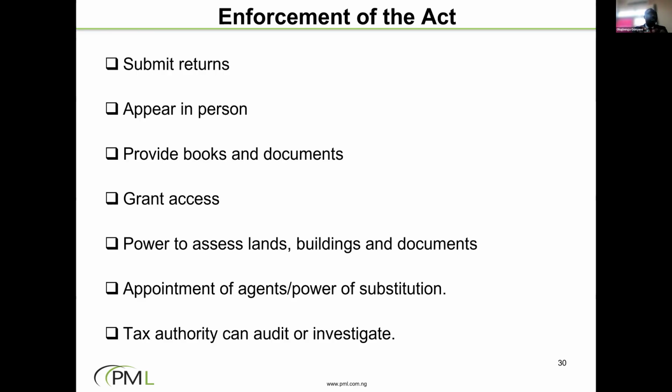At least the tax authority can, if they realize that maybe you are having some transactions with a counterparty offshore, appoint an agent to be the one to collect on behalf of that offshore company.